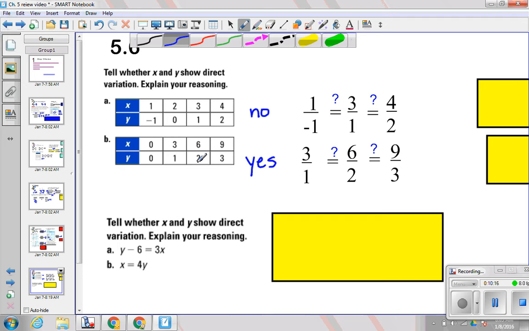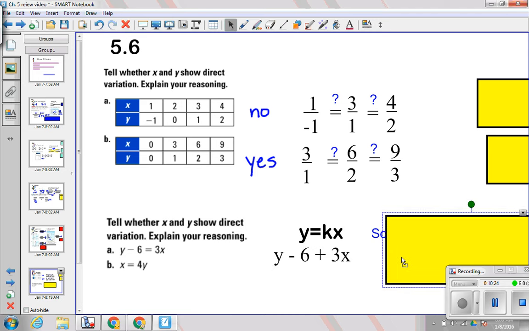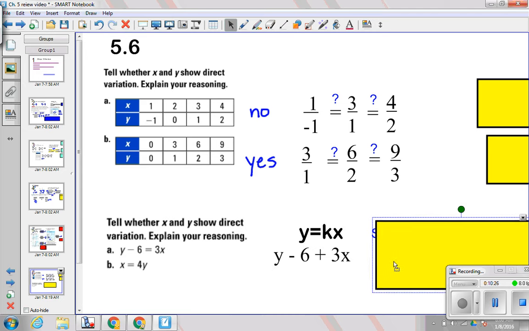Okay, and we also have to be able to tell from an equation whether it's a proportional relationship. So let me start us out here with A. It has to have the form y equals some number times x to be a proportional relationship. So, oops, this is supposed to be an equal sign.